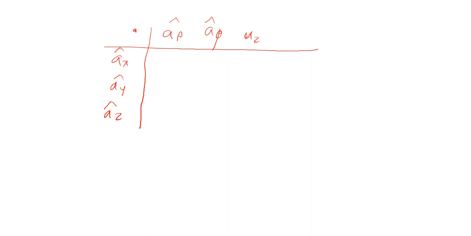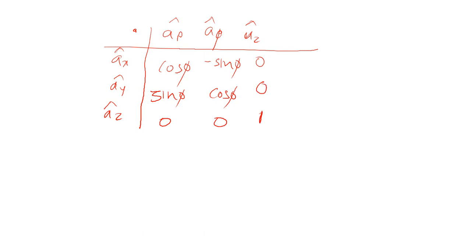The value of ax dot rho we know is cos phi, ay dot rho is sin phi, and az dot rho will be 0. Similarly, ax dot a phi is minus sin phi, this is cos phi, and this value is 0, and ax dot az is 0, 0, and this value is 1. So this is the table which is used to calculate.